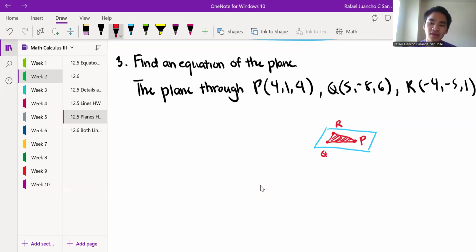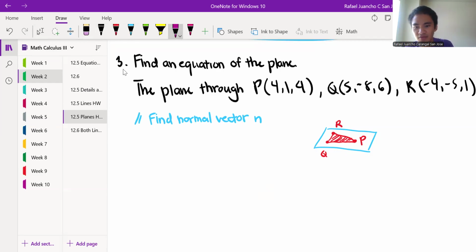We want to find a normal vector, so I'm just going to write that down. Let's call it n. So how do we do that? Well, our normal vector is perpendicular to the plane, right?